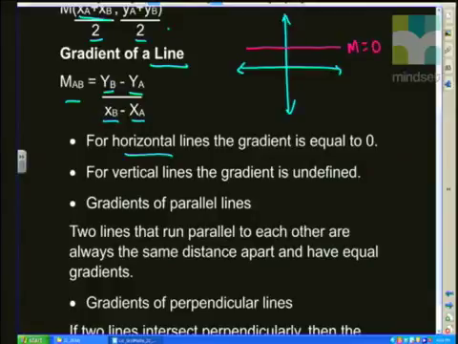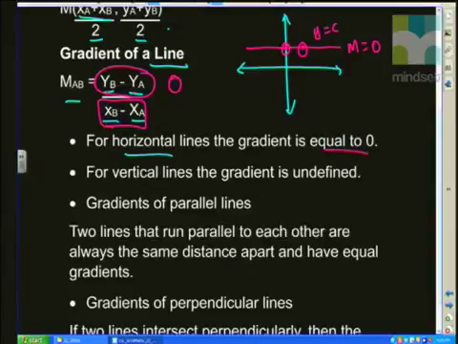Remember, everywhere along this line, y is equal to some value. Let's just say y is equal to c. Because your y coordinates at any point are exactly the same, when you use your formula, y at point B minus y at point A, it doesn't matter what your denominator gives you, your numerator will always give you naught, and therefore the gradient of a horizontal line is equal to naught.